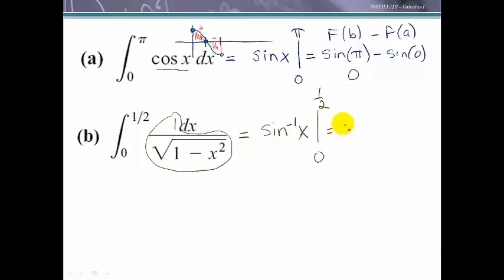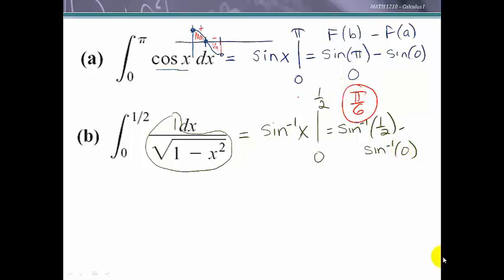That's going to be the inverse sine of 1/2 minus inverse sine of 0. The inverse sine of 1/2, so I'm wanting the angle whose sine is 1/2. So that's going to be pi over 6 minus the angle whose sine is 0, and that's going to be 0. So it looks like our solution is pi over 6.